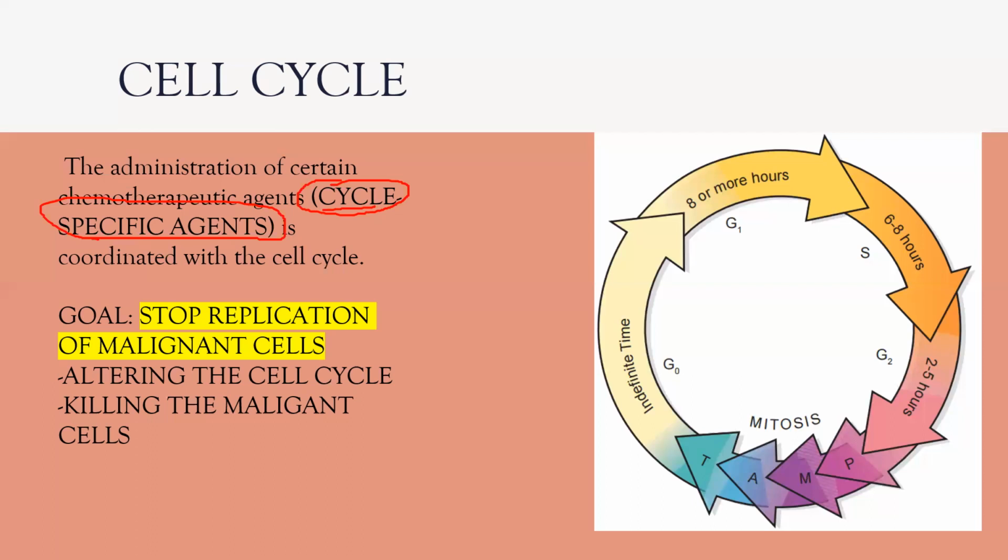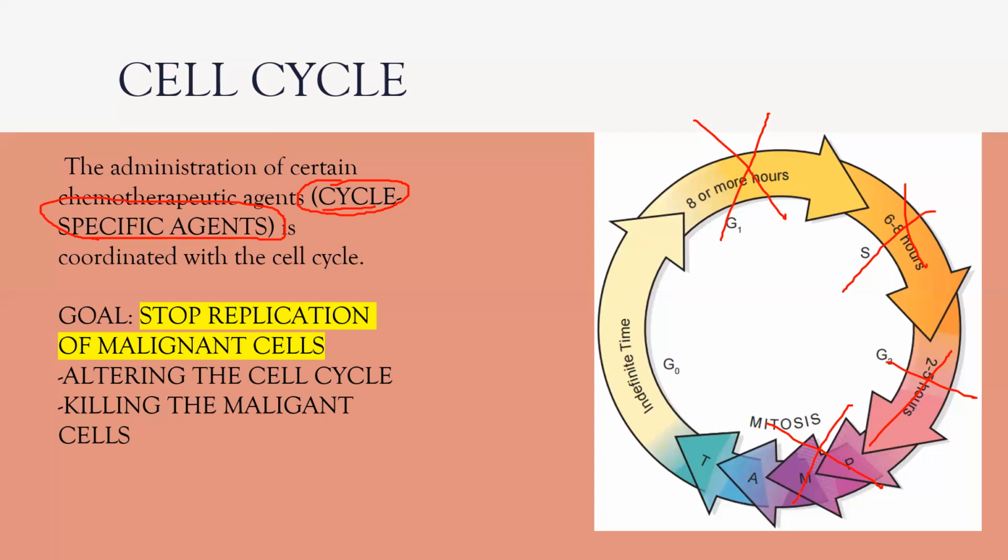So, isipin natin, kung mai-stop natin yung cell cycle dito, dito, dito, o kahit saan pang parte ng cell cycle, mahihinto ang cell division, the cell will no longer be capable of replication. At syempre, kung walang replication, walang pagdami. Kung walang pagdami, the cells will eventually be eradicated.